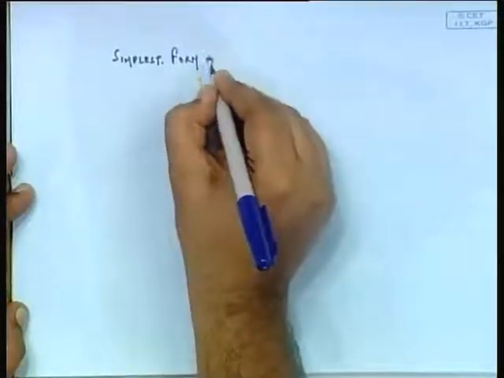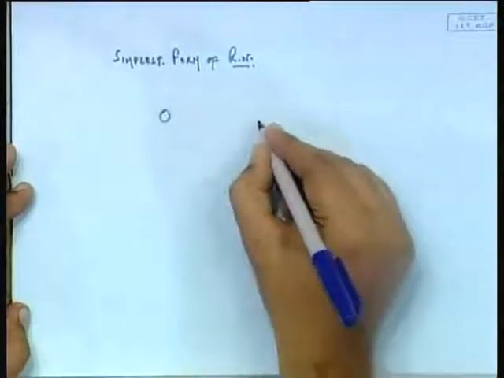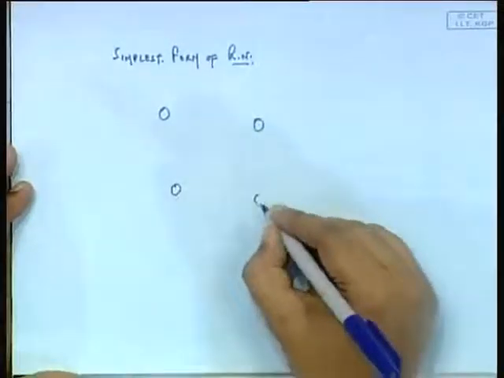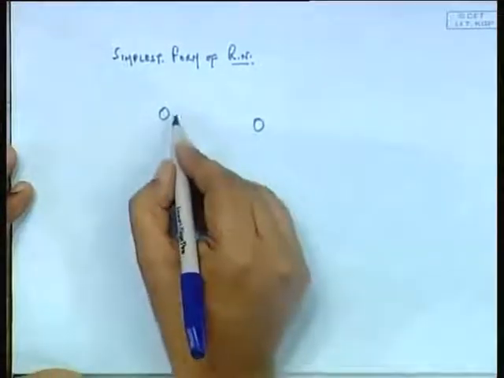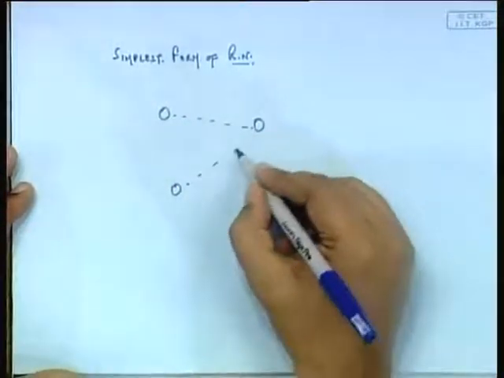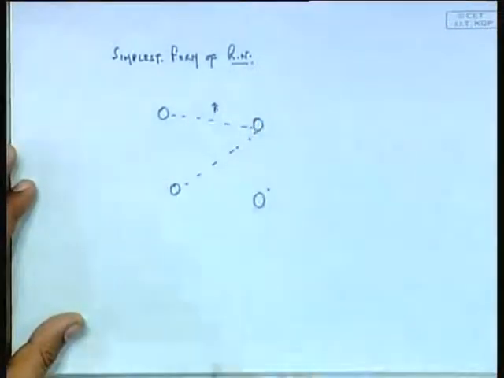Okay. So, we study random networks today. Let us see how random networks can be formed. So you have nodes, and an edge between two nodes is present with probability p.